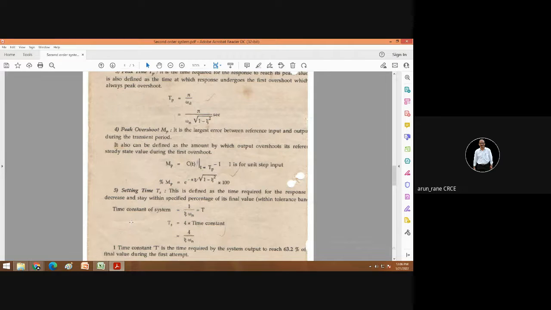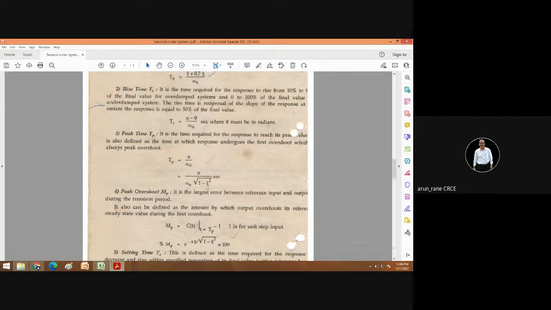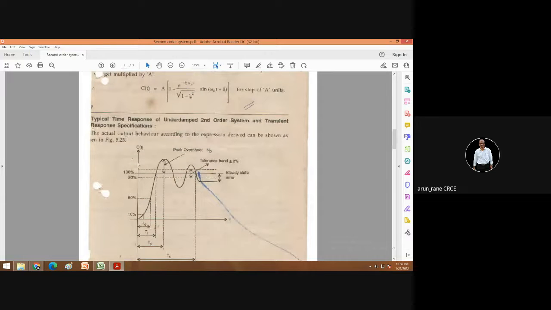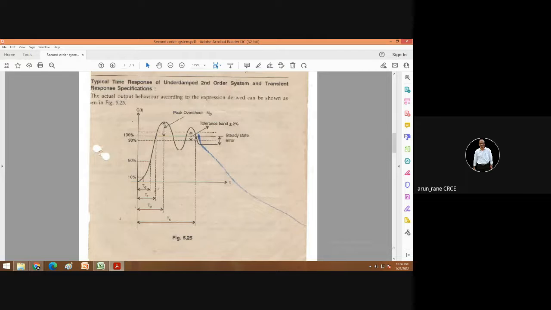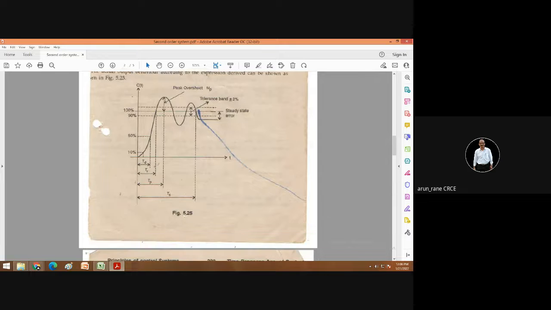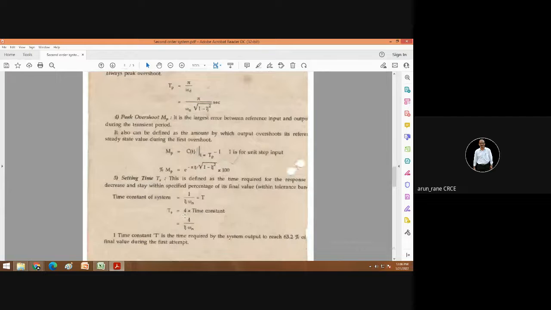That is the time required to achieve its steady state. Now this is your steady state, and the system has achieved this steady state at this time. That is nothing but TS, settling time. That is given by this relation.